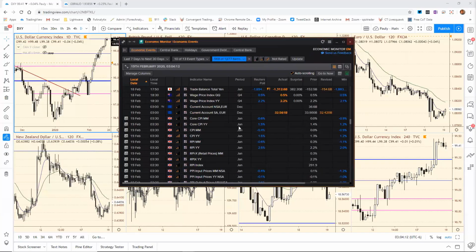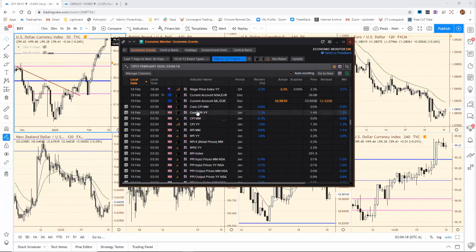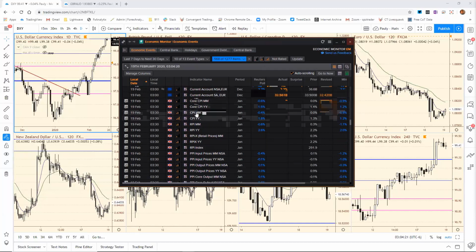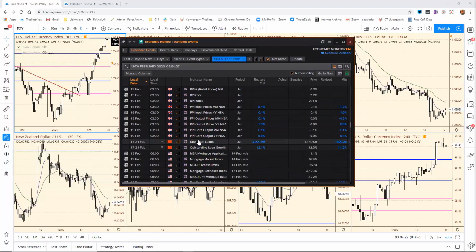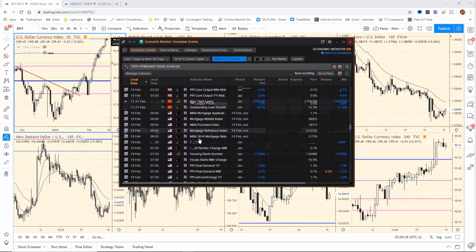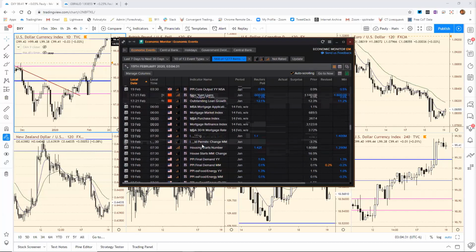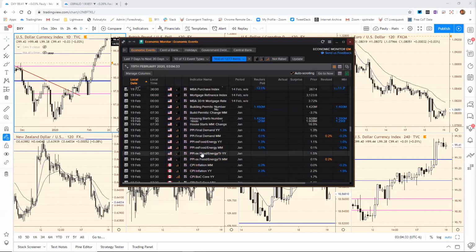Coming into today's data, we just had current account come out for the Eurozone, but really the mover this morning is going to be core CPI, as well as PPI out of the UK. That'll be at the bottom of the hour. Then coming into the States, we'll have building permits and housing starts, as well as PPI.